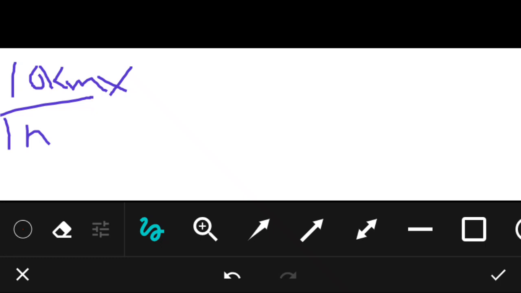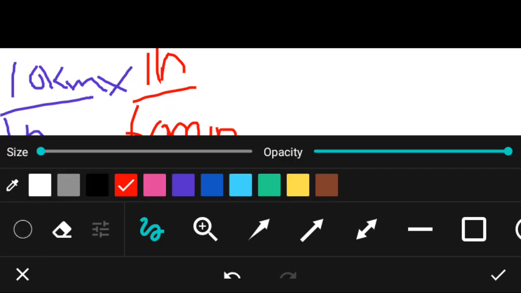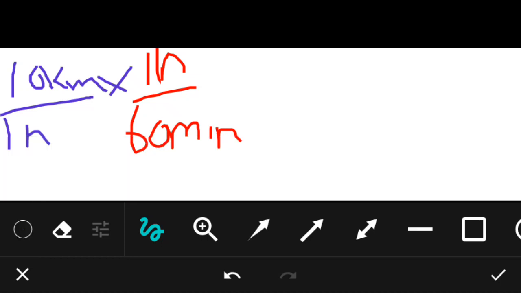So first let us convert from hour to minute. You agree with me to say 1 hour is equivalent to 60 minutes. I've put the unit hour on top because I want the units to cancel, so the hour there and the hour down there will cross out.